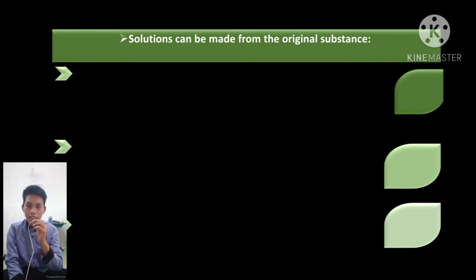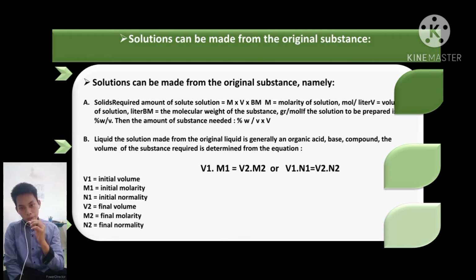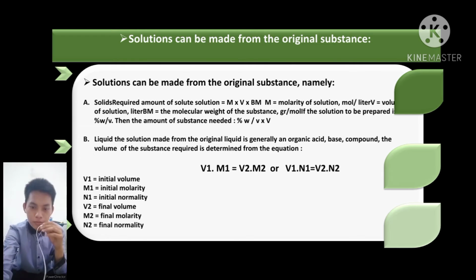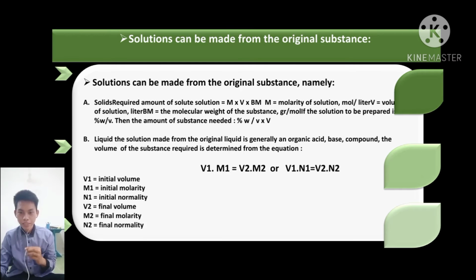Solution can be made from the original substance. For a solid, the required amount of solute is M multiplied by V multiplied by Mr. M is the molarity of solution, V is the volume of solution, Mr is the molecular weight of the substance.